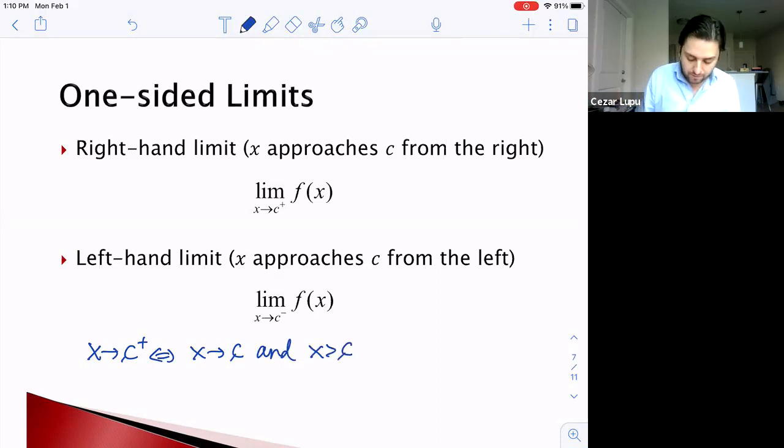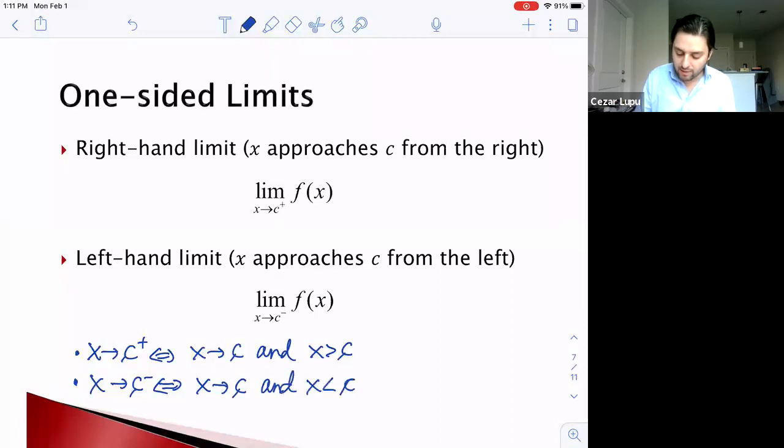And x approaches c minus is equivalent to saying that x approaches c again, but for values x less than c. So that's what we mean by the right-hand limit and the left-hand limit.